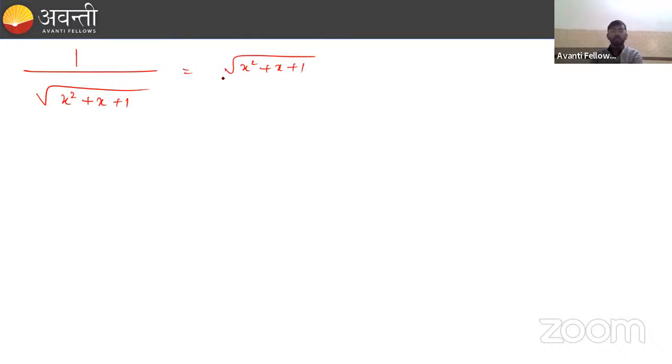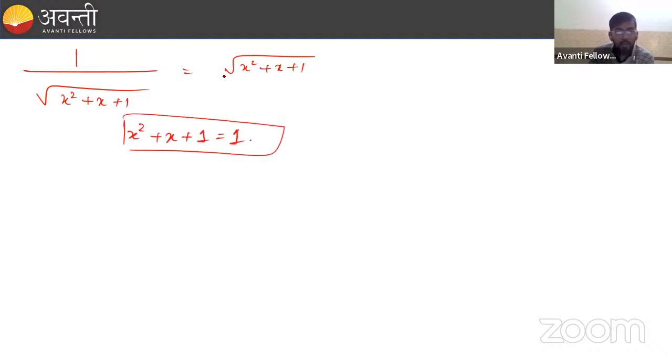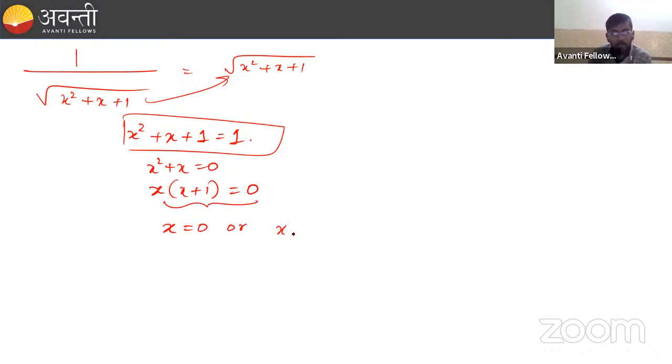So from this we can find out that x² + x + 1 comes out to be 1, right? We have just cross multiplied this. So here we get x² + x is 0. So we get x(x + 1) is 0. From this, we can say that x is 0 or x is equal to minus 1.